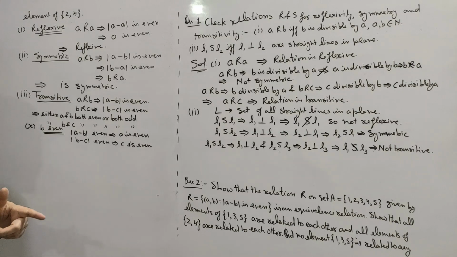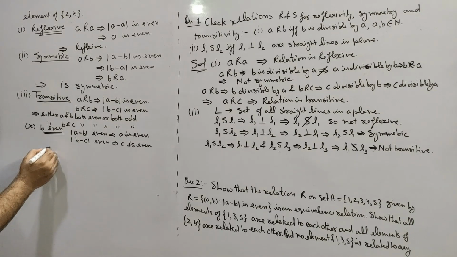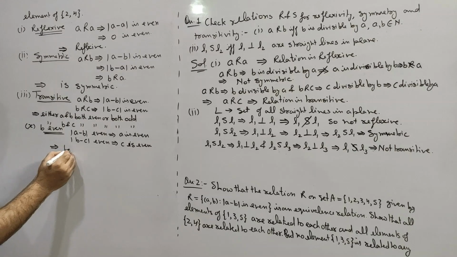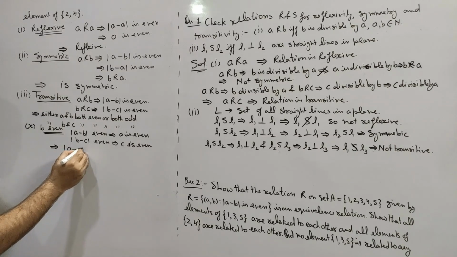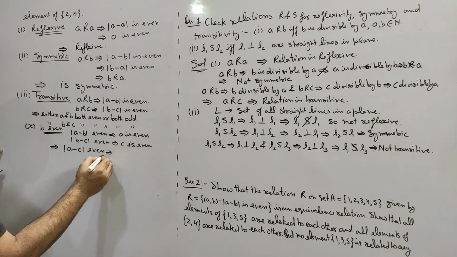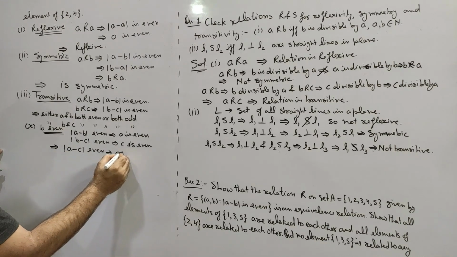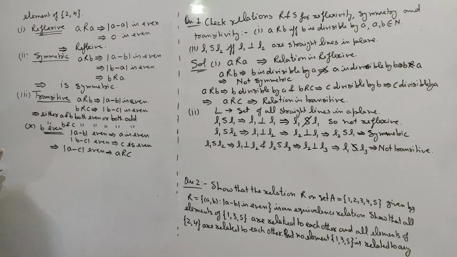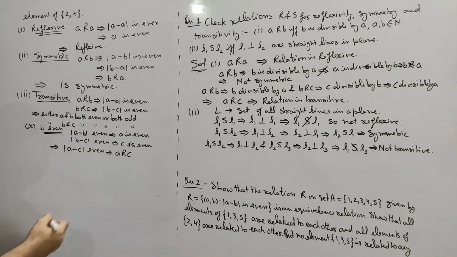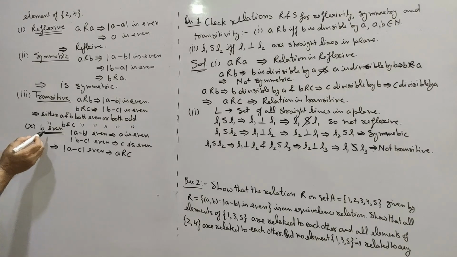The difference of an even and an odd number can never be even. So if A and C both are even, then modulus of A minus C will also be even. And if modulus of A minus C is even, then A is related to C. So A related to B, B related to C implies A related to C when B is even.